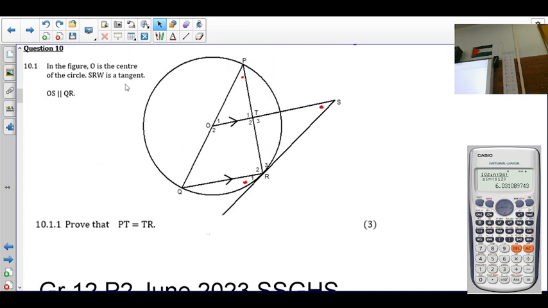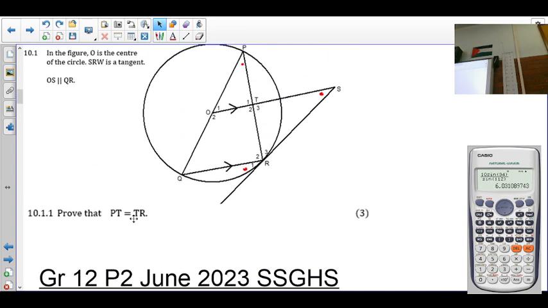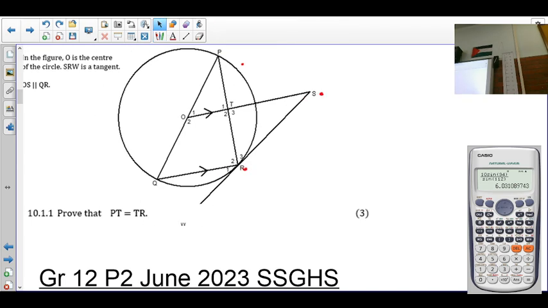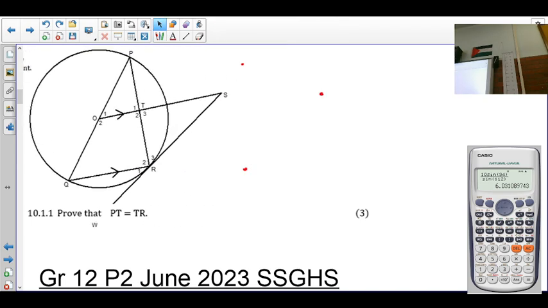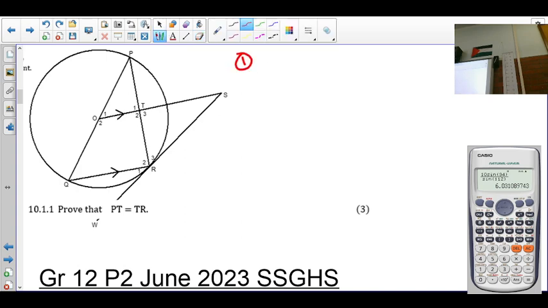The question says in 10.1.1, you must prove that PT is equal to TR. So what does this look like?